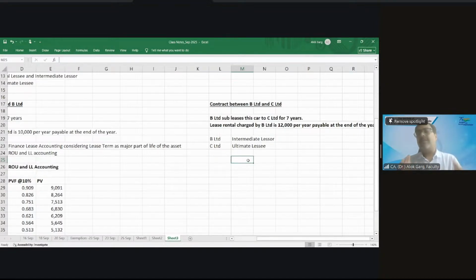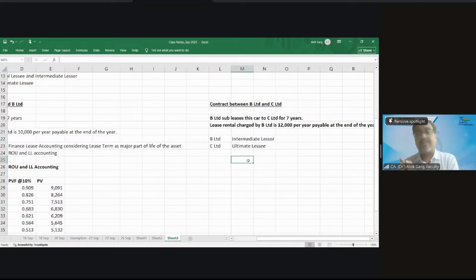See, in the first contract, A Limited was the owner. So he knows that the life of my asset is 9 years. It is usable for 9 years. But out of 9 years, I am giving it on a lease basis for 7 years. So from my perspective, I am comparing the life of the asset versus the lease term on which I am giving this asset to the lessee.